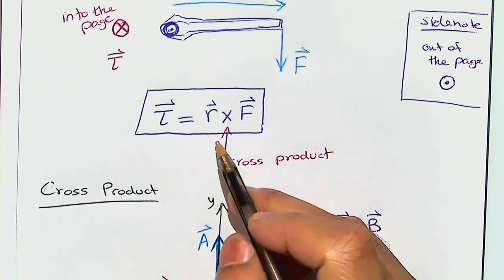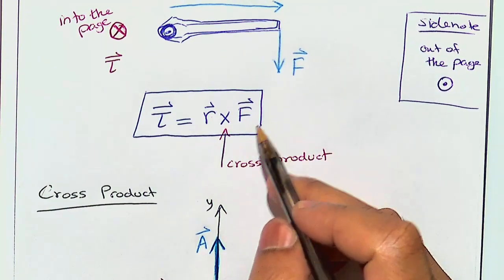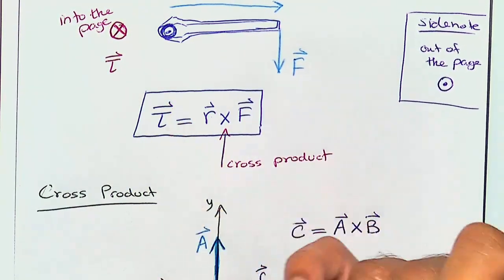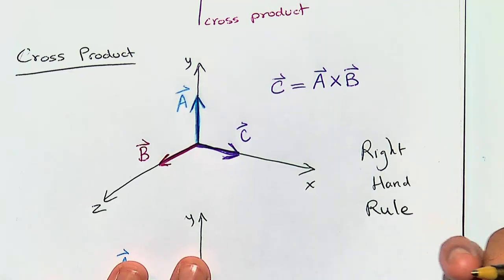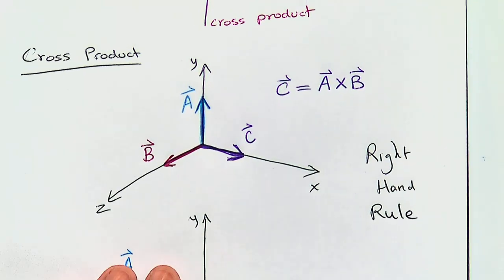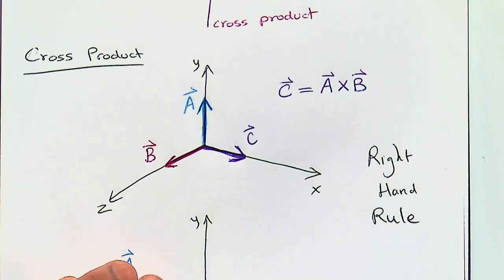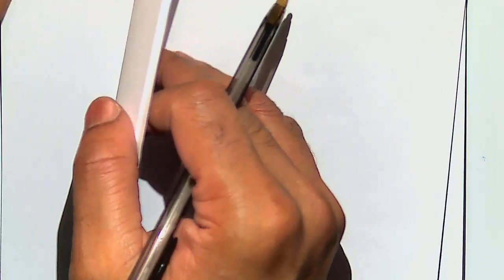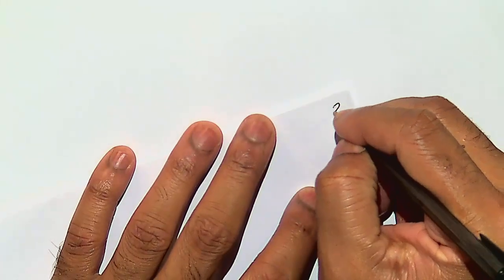So when we have R cross F, the direction of torque is given by this right-hand rule. How do we figure out the magnitude though, right? We still haven't figured out the magnitude. We need a magnitude, otherwise it's not quite a vector yet, right? It just has direction, but we need magnitude and direction to make a vector.